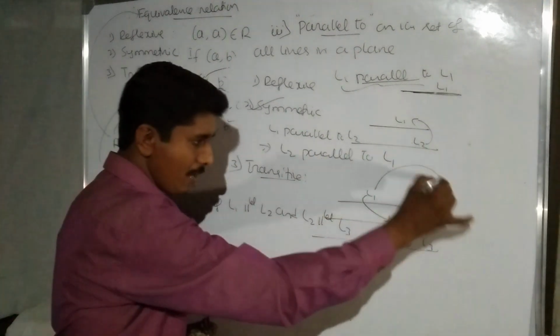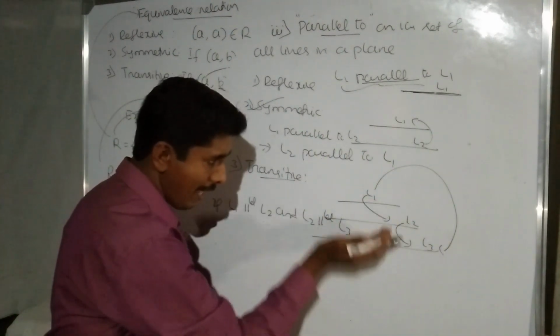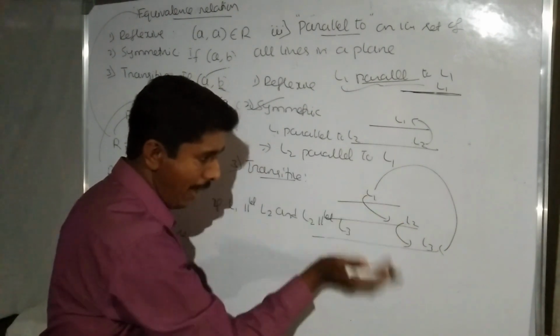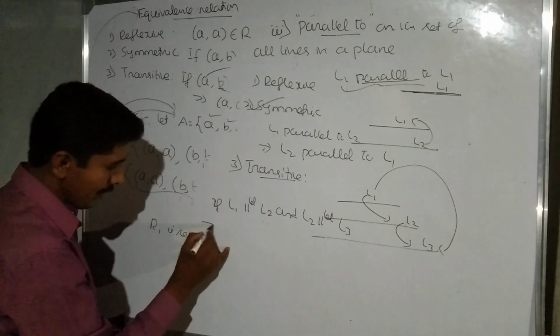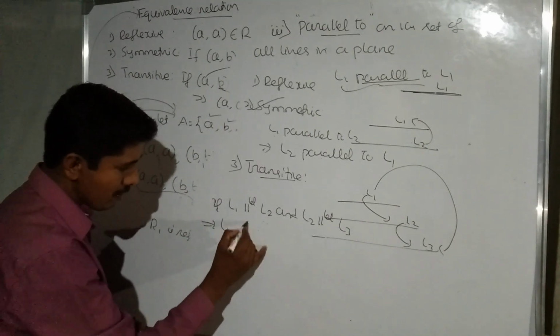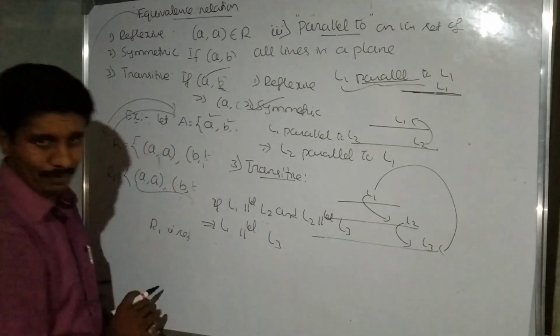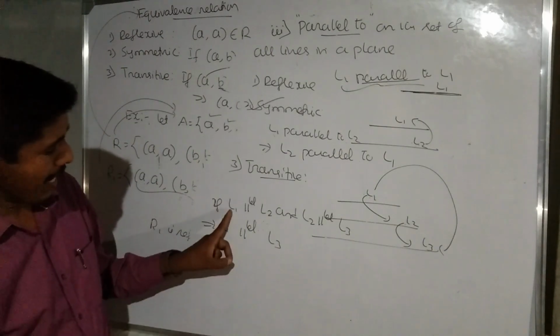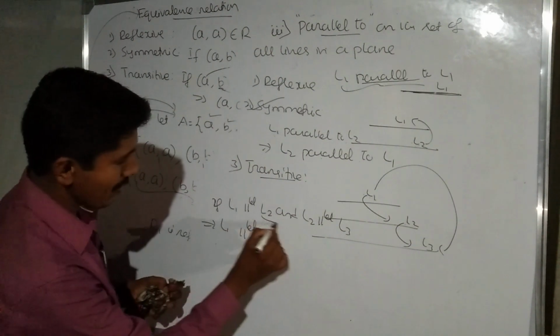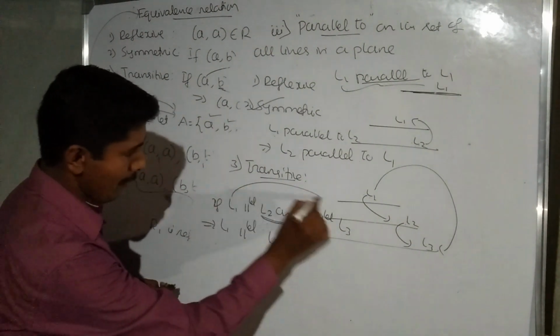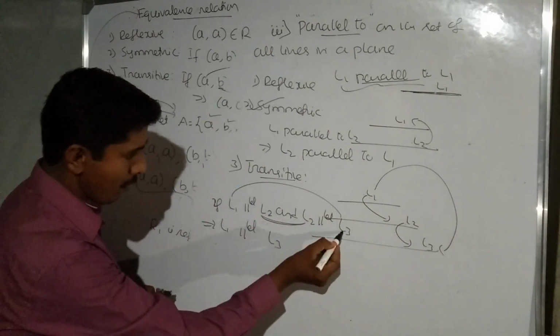Then what is the relation between L1 and L3 lines? These L1, L3 lines are parallel. This means L1 is parallel to L3. Here A is parallel to B and B is parallel to C, their middle elements are equal, then A, C. L1 is parallel to L3.